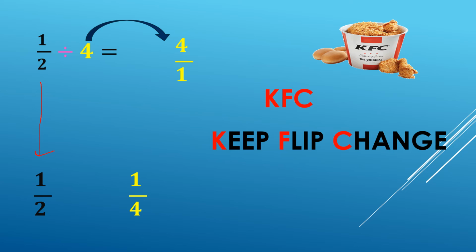And what's the last word? Change. What do I change? I change the division into multiplication. So I have 3 steps in this lesson. Keep, flip, and change. Now what does this remind you of? Great, this is the previous lesson, chapter 7, multiplying fractions.